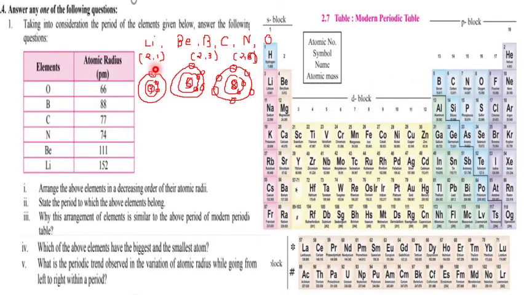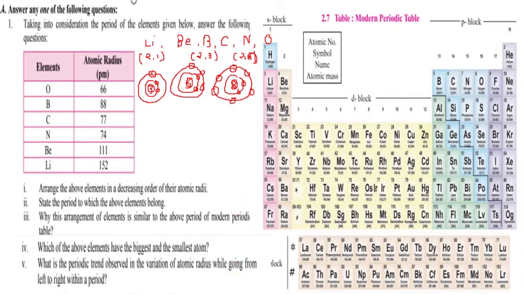So the electrons experience a greater pull toward the nucleus and the atomic size decreases. So the atomic size decreases while going left to right in the period. Which element is biggest? Lithium is biggest and oxygen is the smallest atom.